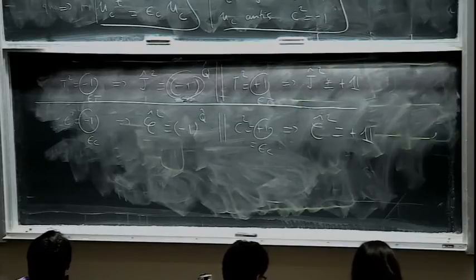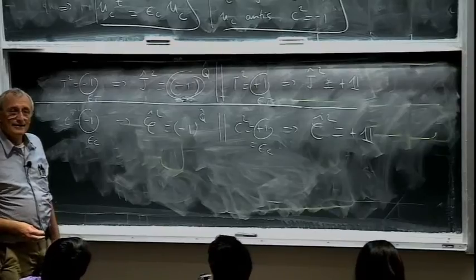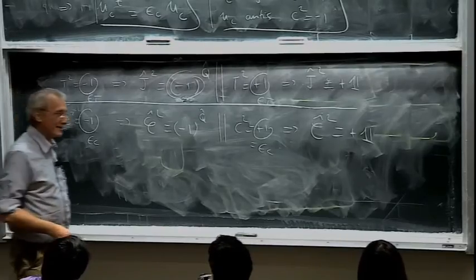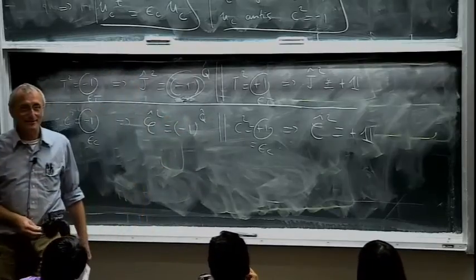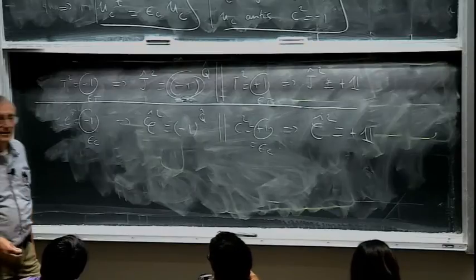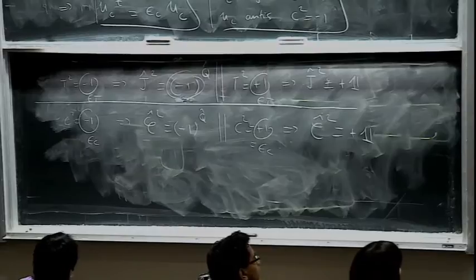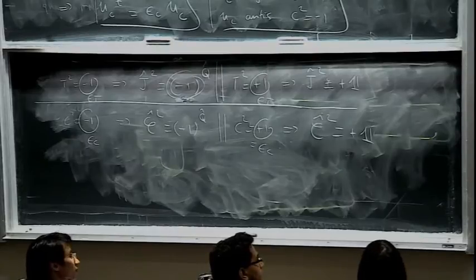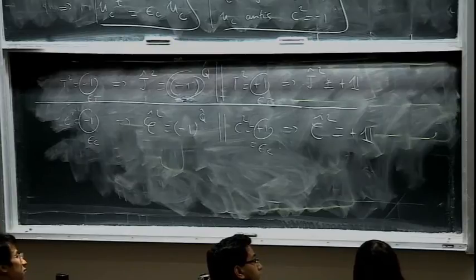Whether C squared or T squared is equal to plus or minus 1 depends on the model. So we have 10 cases, and it depends on which of the 10 cases we look at. T squared equals -1: think of it as a fundamental property of fermions having spin 1/2. Well, not necessarily. It's much more general because you may have fermions that have some other property, right?